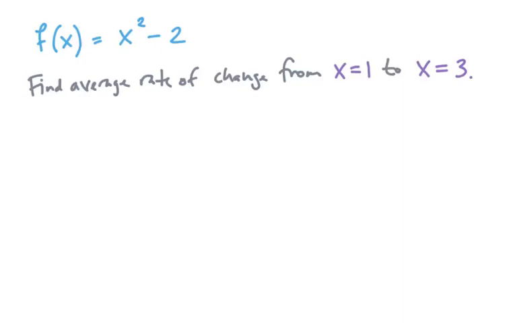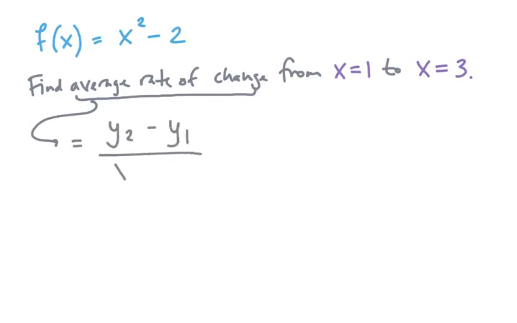Okay. And the way we do that is the average rate of change is equal to the change in the y values that we're looking at divided by the change in the x values.